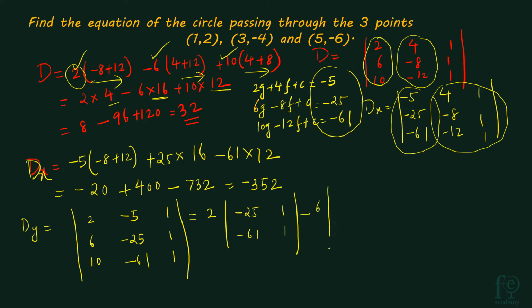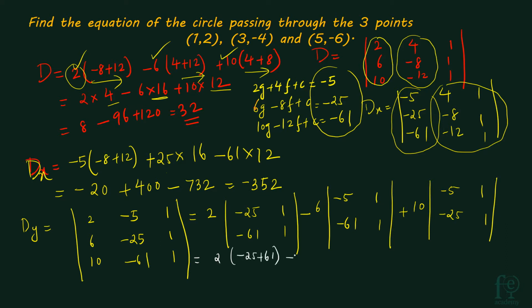Then minus 6 into, we are excluding the row and column containing 6. So it will be minus 5, 1, minus 61, 1. So plus 10 into, we are excluding the row and column containing 10. So it will be minus 5, 1, minus 25 and 1. So what it will be? 2 into minus 25 plus 61, minus 6 into minus 5 plus 61, plus 10 into minus 5 plus 25.